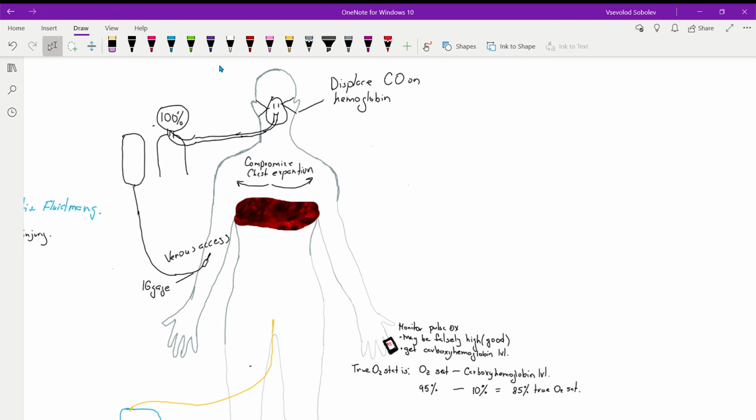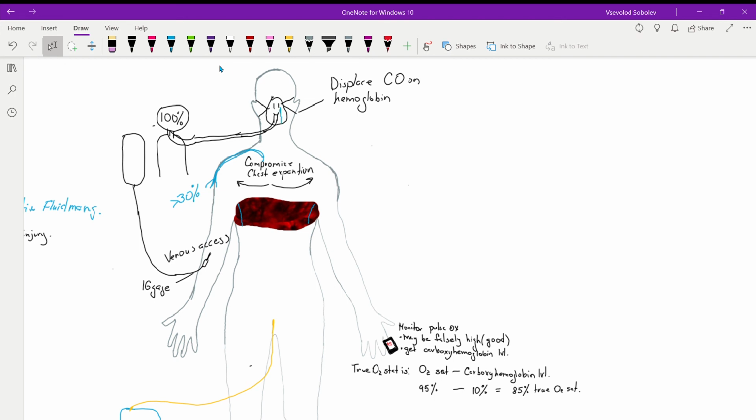Injury to the chest compromises the expansion of the chest, so escharotomies or fasciotomies will be performed. We have venous access, a 12 gauge, or a central line if the patient has more than 30% injury.